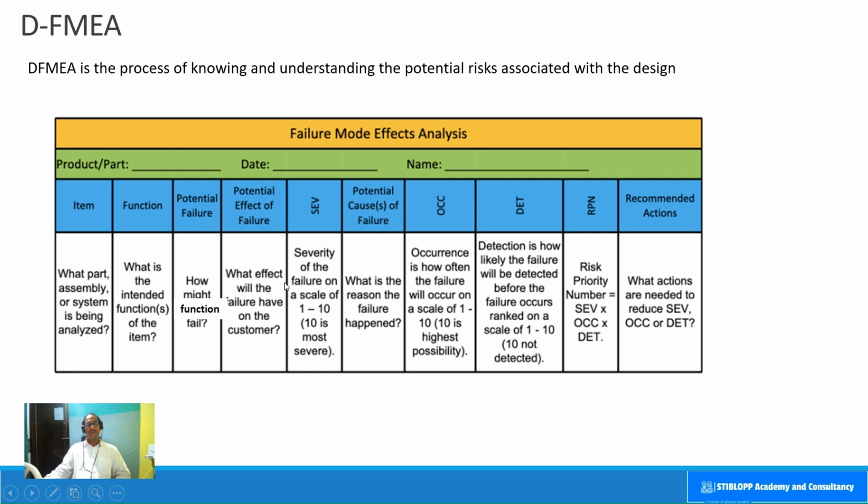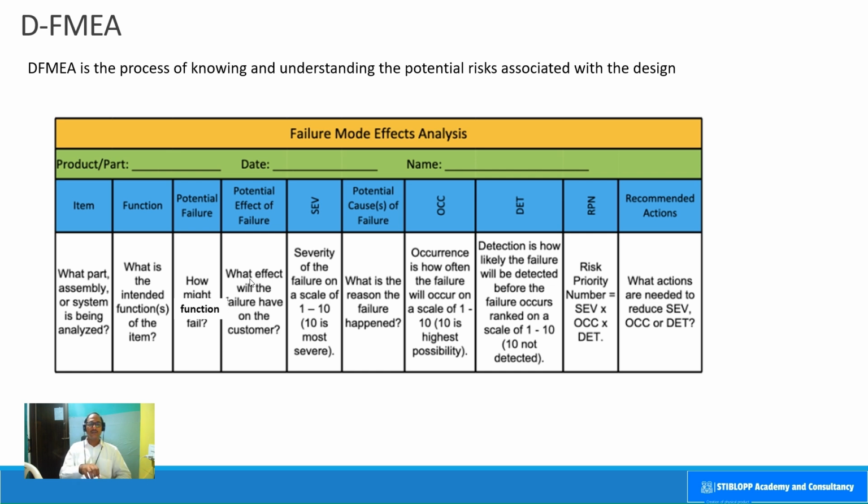What effect will the failure have on the customer? And how severe is that failure? The scale of the severity depends upon the severity of that particular effect. If the failure causes serious injuries to the person who is using that particular item, then the scale of the severity is high, between 8 to 10.